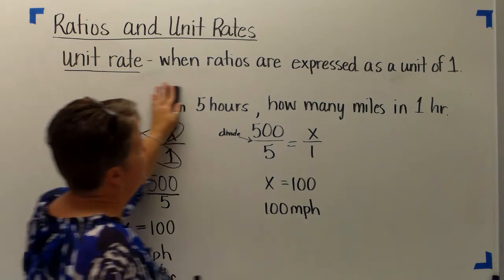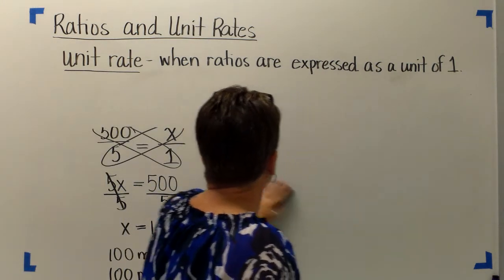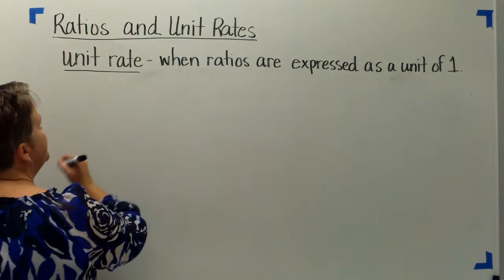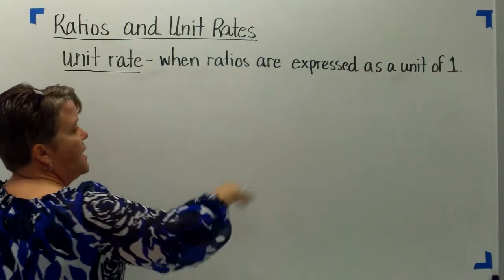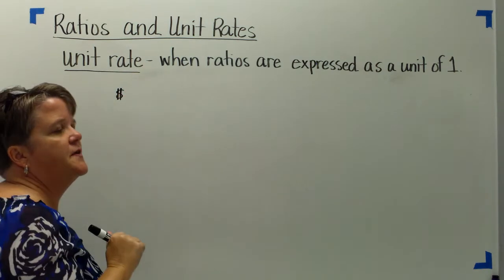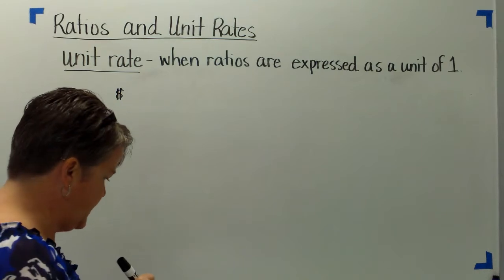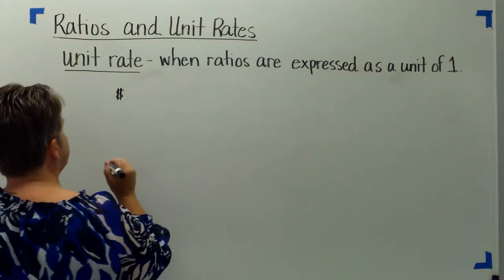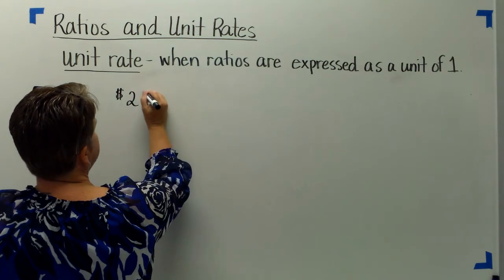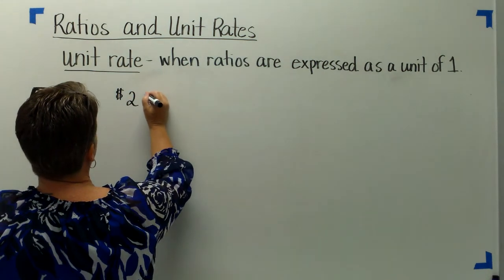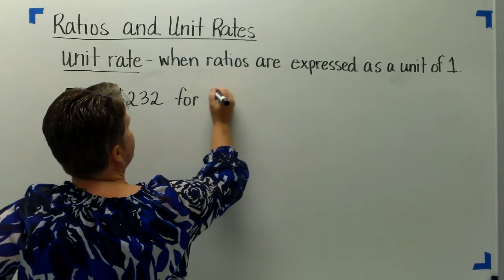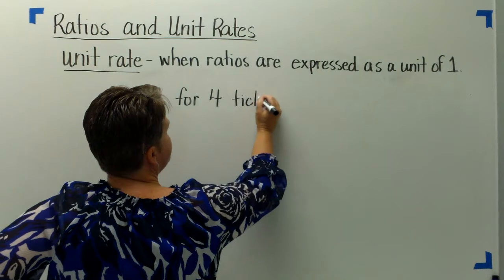Let me give you one more example, and then we will have discussion in class about them later. Say you want to go to a concert, and you're taking 4 friends with you. And your mom's buying the tickets, and she's buying you 4 tickets. And the total of those tickets comes to $232 for 4 tickets.